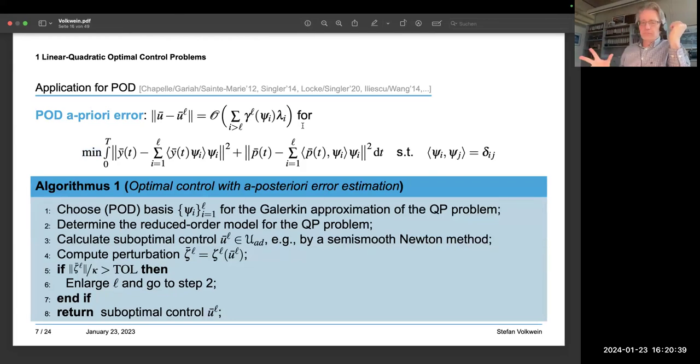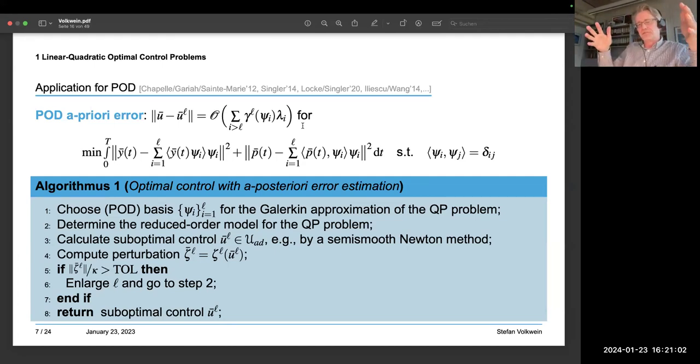We take some u, run the state equation to get snapshots, and run the adjoint equation to get snapshots from the adjoint. From both snapshots, we compute a reduced order scheme. Then we use this to reduce our optimal control problem, which means we have a Galerkin ansatz, as you know.